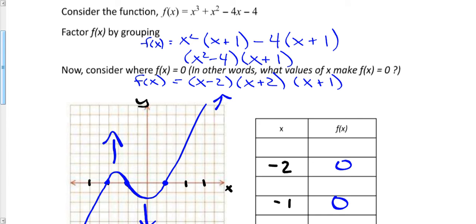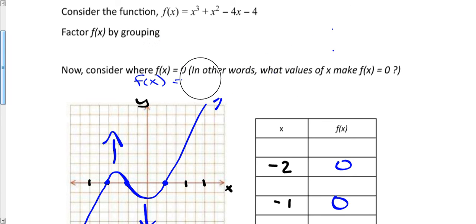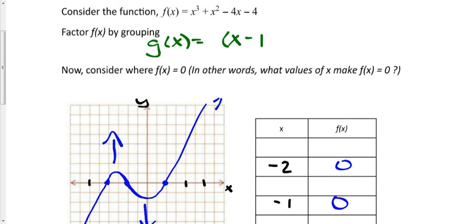I'm going to erase the blue function, and I'm going to do a green function. And let's call g of x equal, I'm going to do this factored already. X minus 1 squared. Now let's do a different number here.